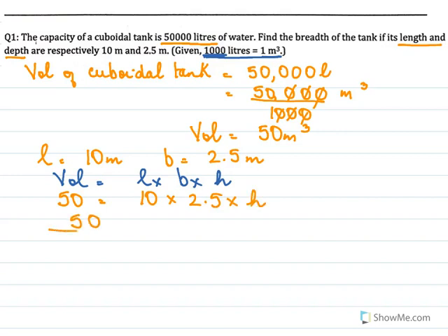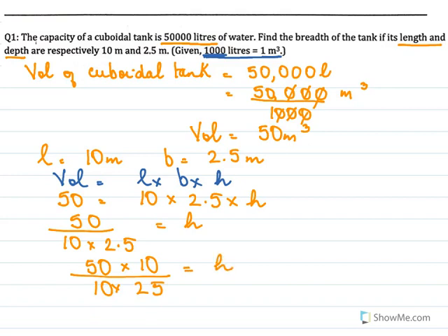So 50 over 10 into 2.5 is equal to h. So 50 into 10 over 10 into 25 equal to h. Here I have removed the decimal, that is why I put the 10 here. So this is 2 meter equal to the height.